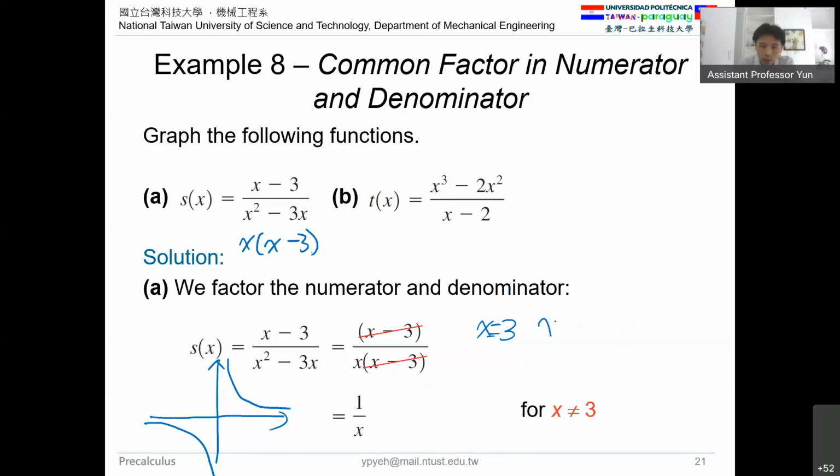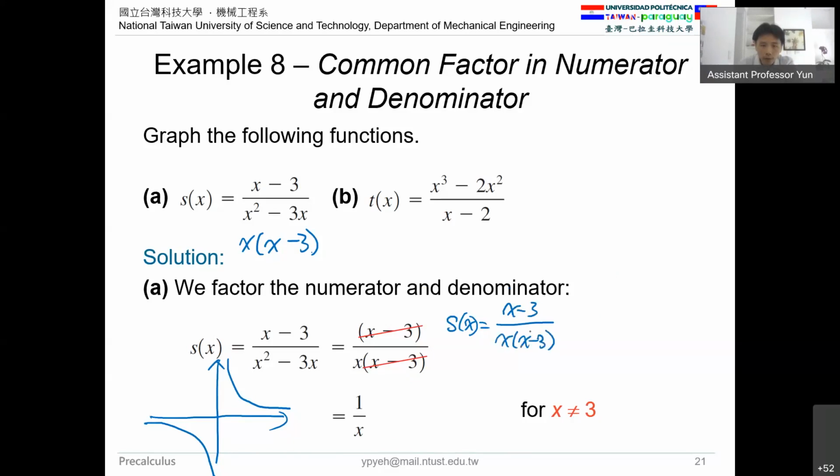Okay, so we can simply write it down here. I think you can simply use your hand to calculate, and then you will better understand the meaning of these common factors. s of x will equal x minus 3 divided by x times x minus 3, right?